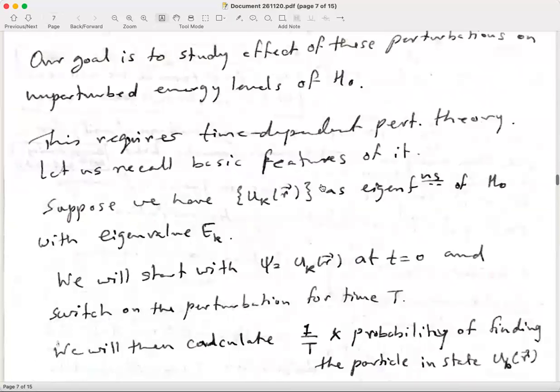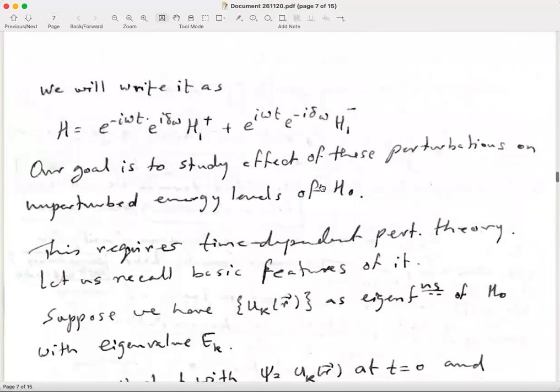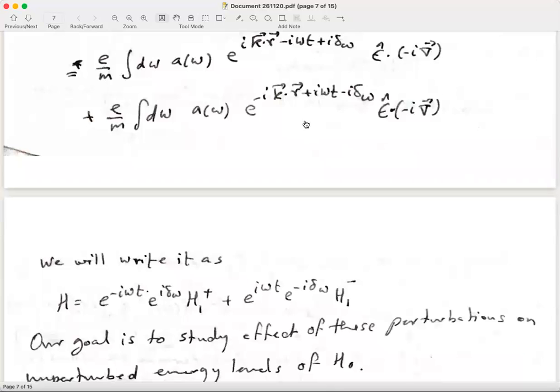So we want to ask how these terms would affect the unperturbed energy levels. Now, the reason why we want to pull out this expression and write it in this particular form is to explicitly show that H1 plus and H1 minus are the terms which involve expressions like A omega e to the i k dot r or minus i k dot r times epsilon dot p.